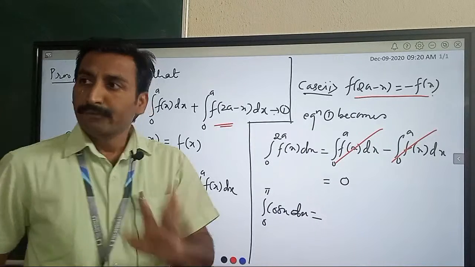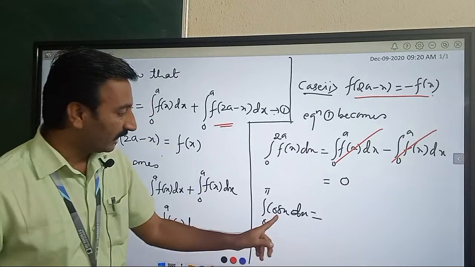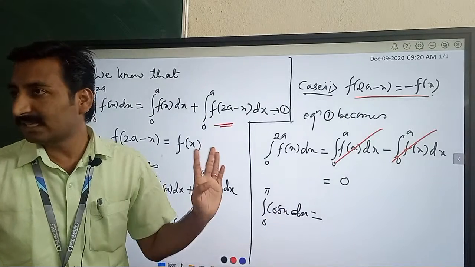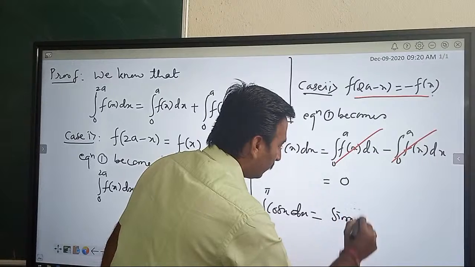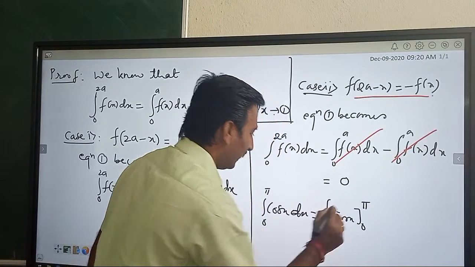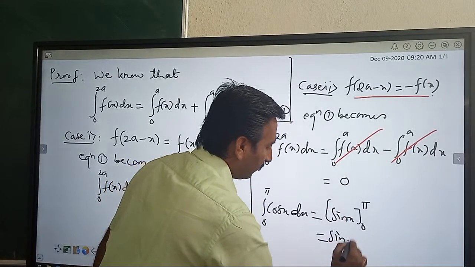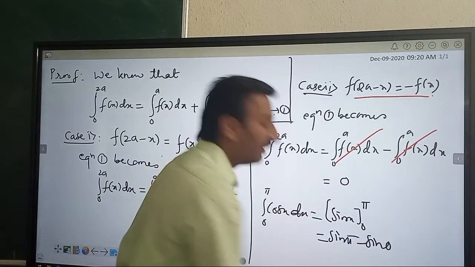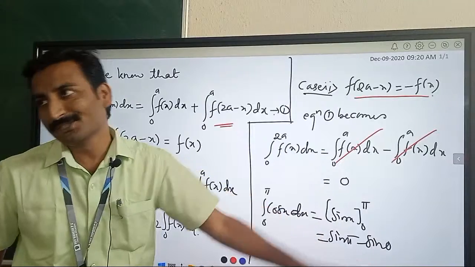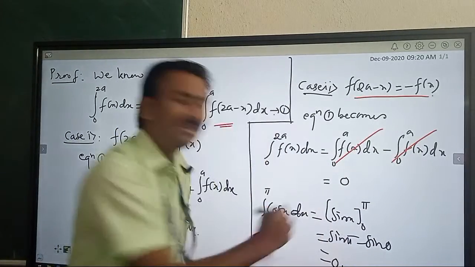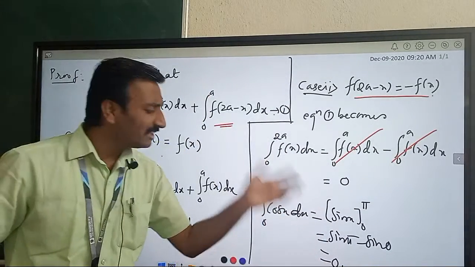If it happens, it has to be 0. Now look at this. What is the integration of cos x? Plus sin x, from 0 to pi. What is sin pi minus sin 0? Upper limit minus lower limit. Sin 180 is 0, sin 0 is 0. The whole thing is 0. There is no need to do so much.